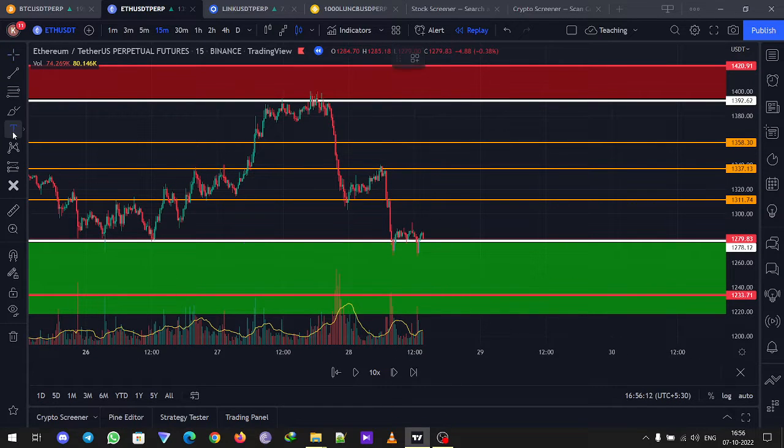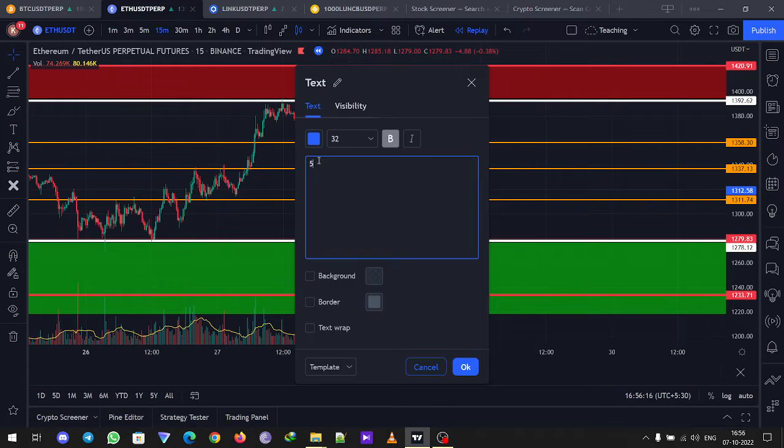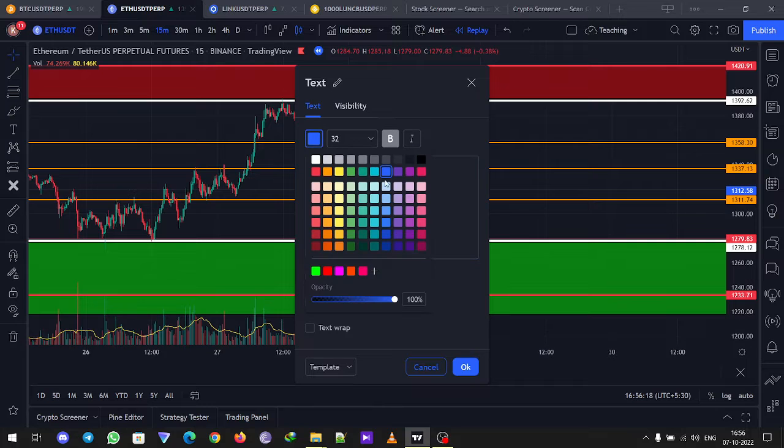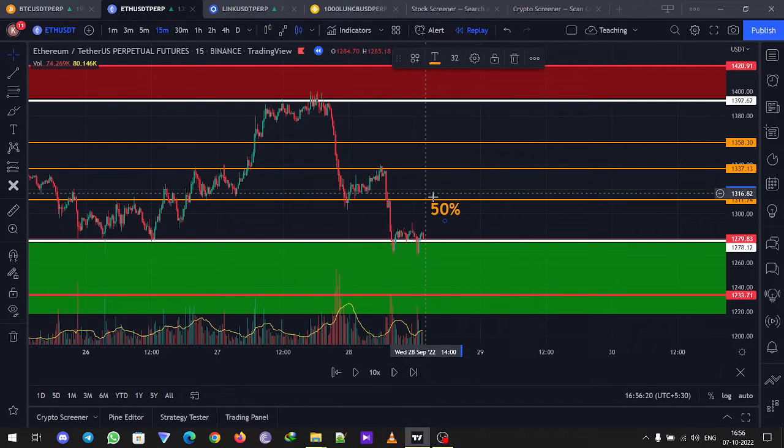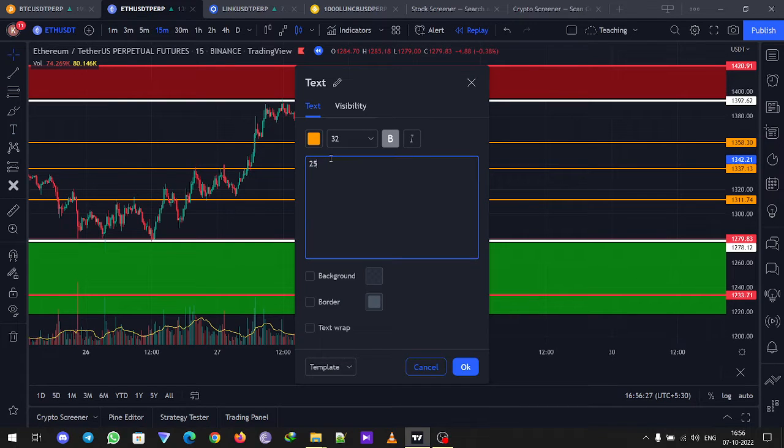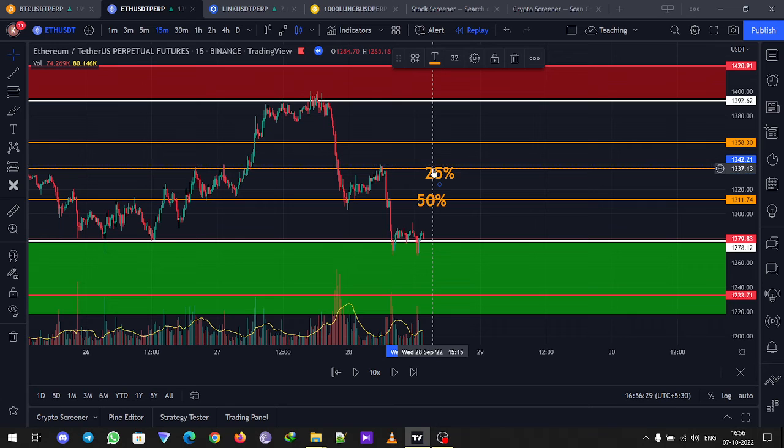The profit booking ratio will be the same, that is 50% here and 25% here, and for this and the final target you have a choice.